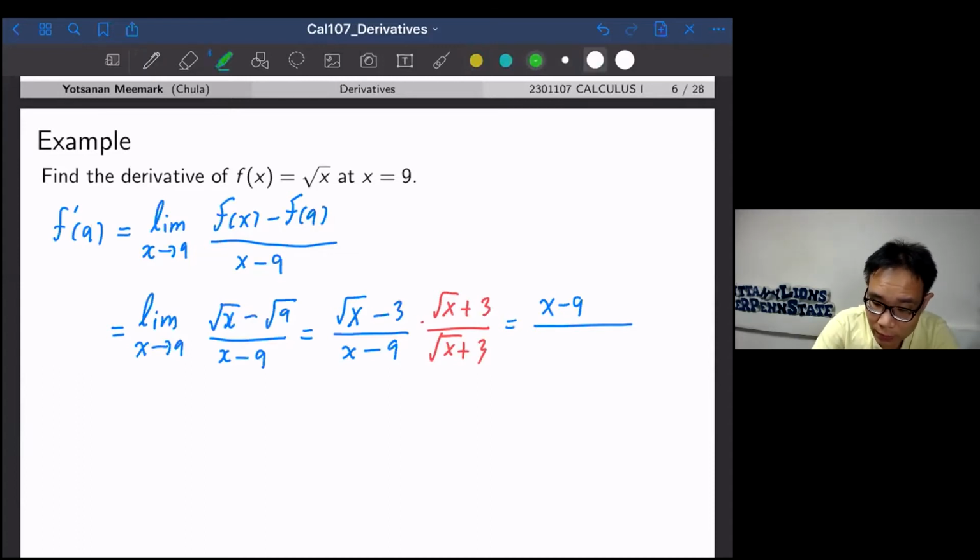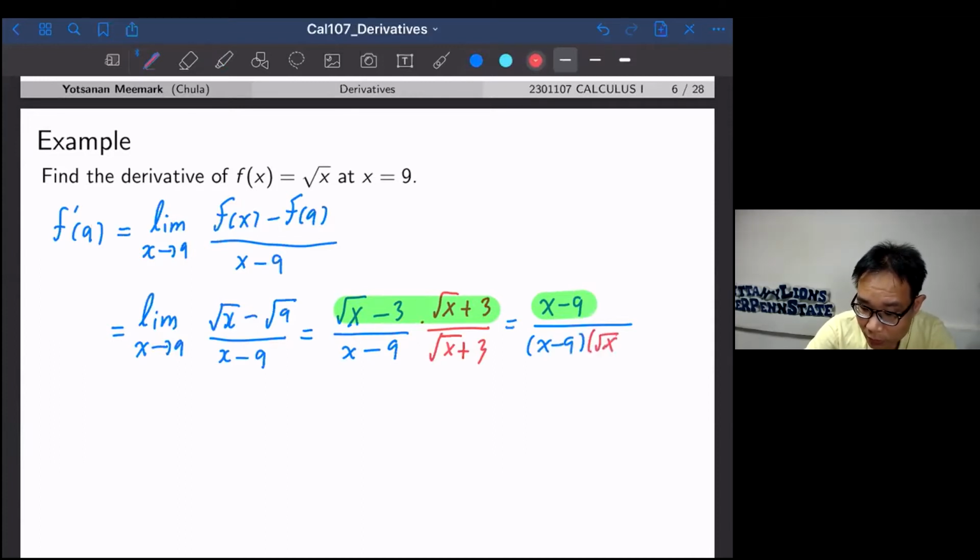So this one will be x minus 9, and on the bottom you will get x minus 9 and square root x plus 3. So in this case, you're gonna have square root x plus 9.